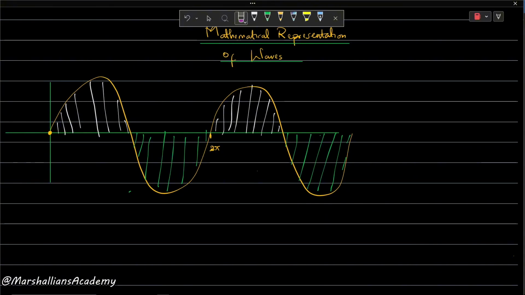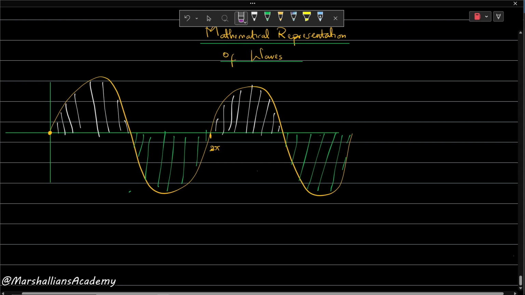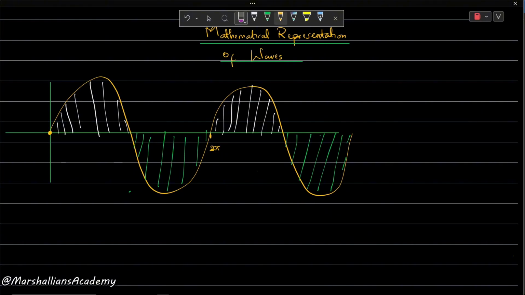First off, if a wave moves sinusoidally, the word sinusoidal means sine. If the wave moves like a sine wave, like this, how do we mathematically represent this kind of wave? For sinusoidal waves, you could mathematically represent it by thinking of something first, the origin, where the wave starts from.